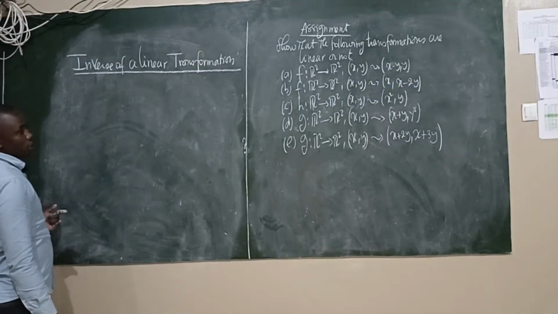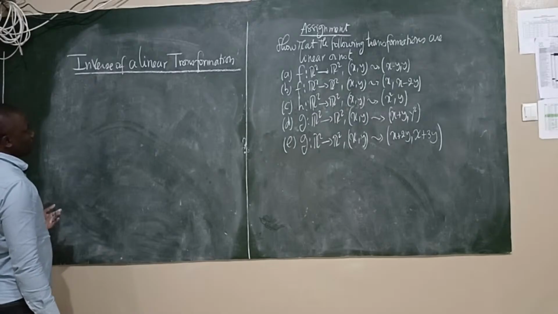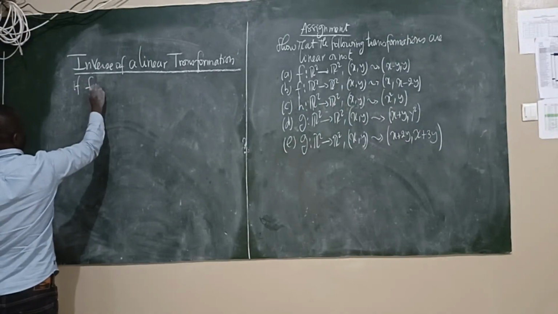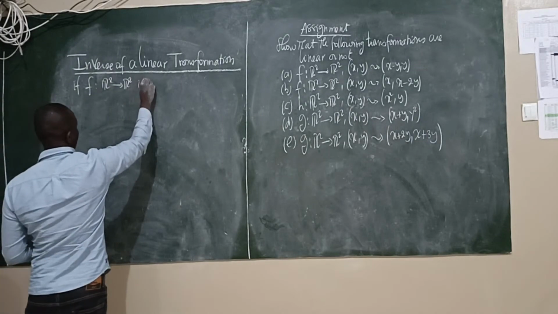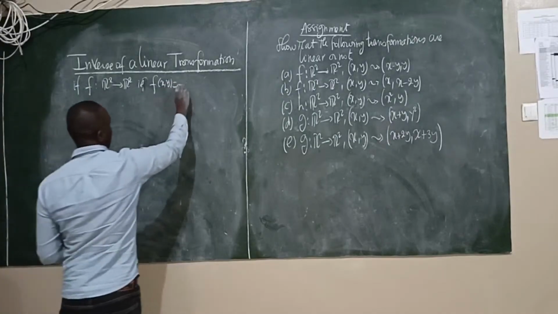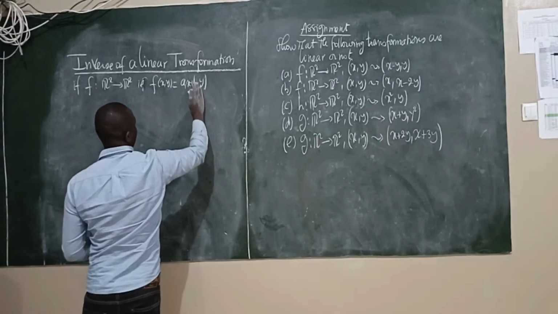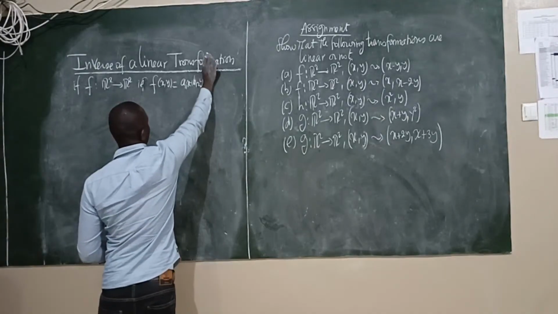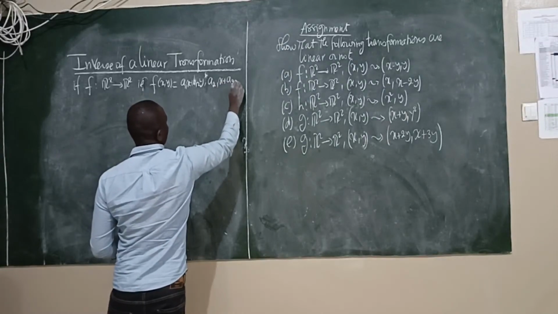If the transformation is a mapping that maps L2 to L2, i.e., we can have f of xy as a11x plus a12y, comma, a21x plus a22y.